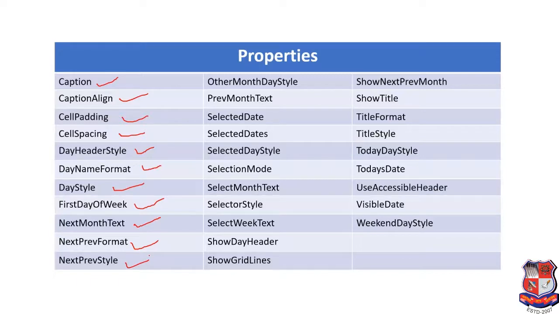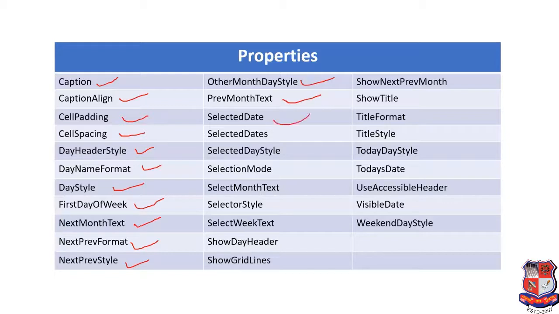It is used to obtain or set the property for the next and previous month navigation element. Next is OtherMonthDayStyle. It is used to obtain the style property for the days on the calendar control that are not in the displayed month. Next is PrevMonthText. It is used to obtain or set the text displayed for the previous month navigation control.